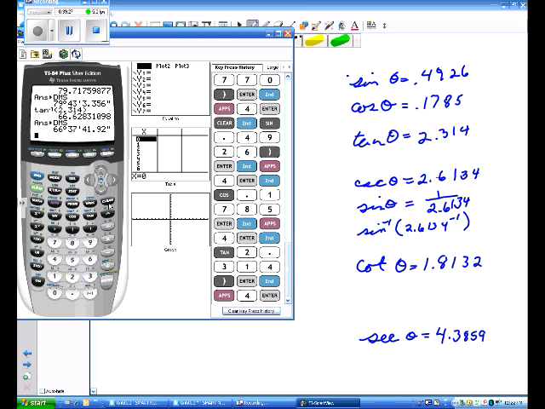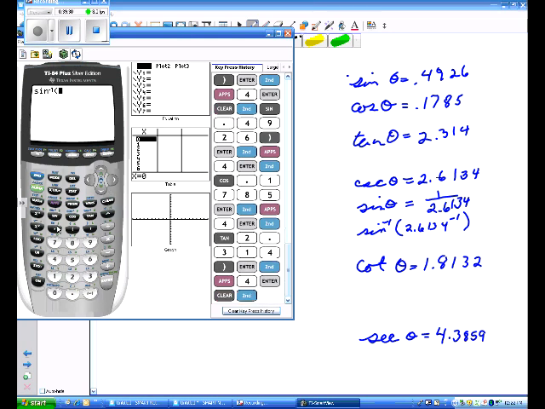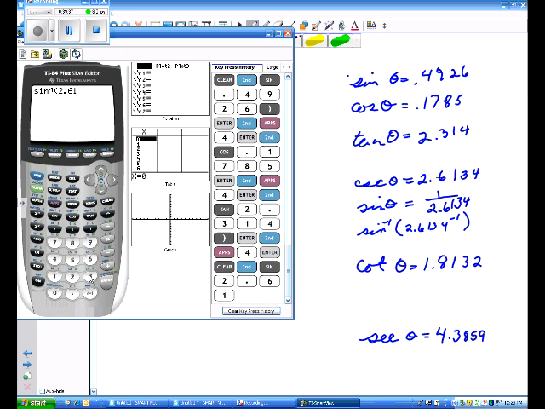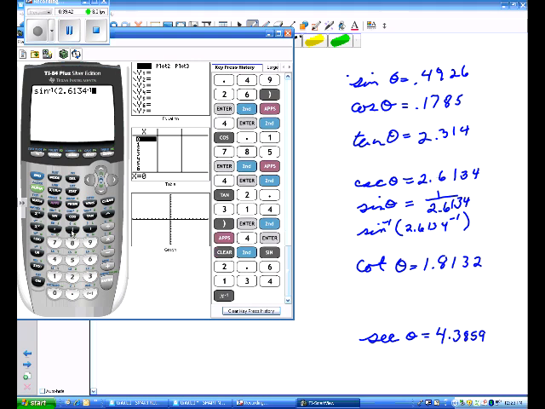So as we put this in, we want second sine. Then to enter it the way I've got it written here, 2.6134. We want the reciprocal of that, and we put it before we close the parentheses because we want it to get that reciprocal and then do the function.